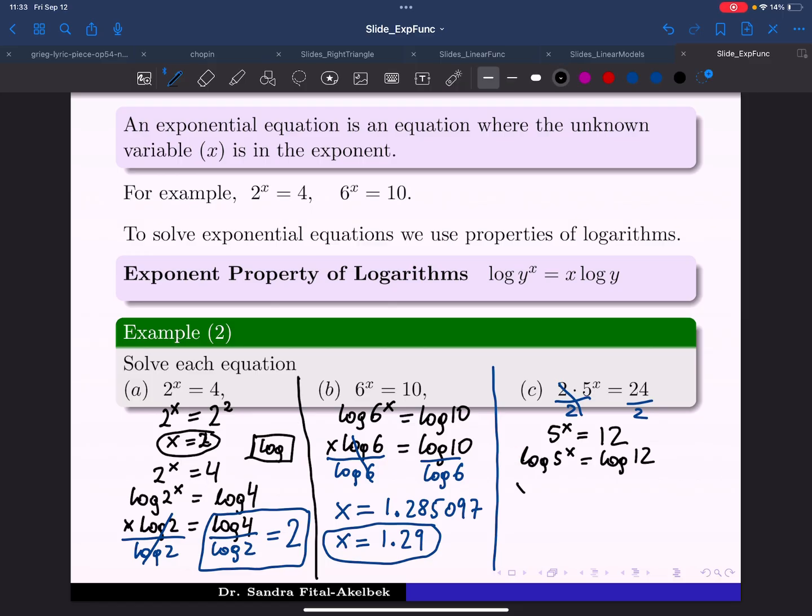So we have x times log 5 is equal to log 12. To solve it, we divide by log 5. So then we have that x is equal to, type on the calculator, log 12 divided by log 5. And that should give us 1.54399593. So if we round it to 2 decimal places, 1.54.